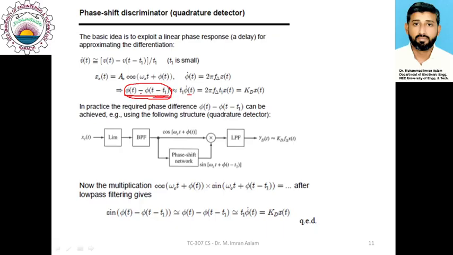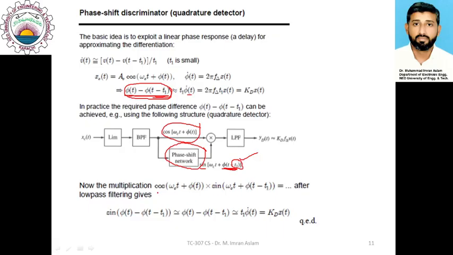How do you obtain this difference? We use a phase shift network, which creates a phase shift in the incoming signal. If the incoming signal is cos(omega_c t plus phi(t)), the phase shift network creates a shift such that the signal converts to sine, plus it creates an additional small phase shift depending on the time delay T1. So it creates some phase shift.